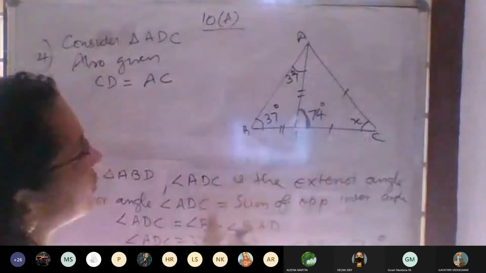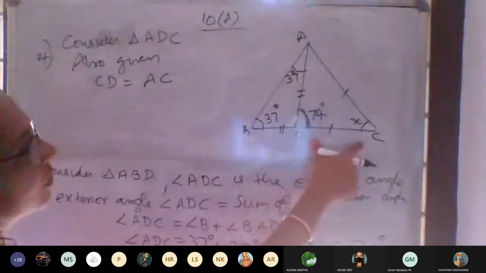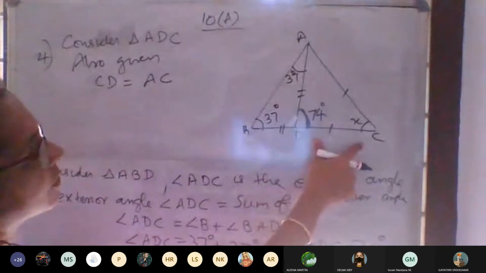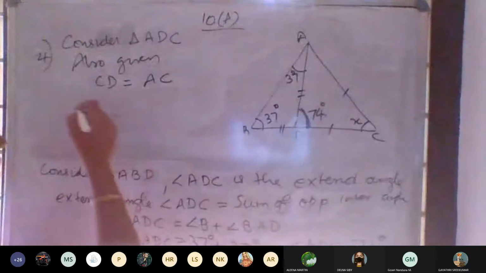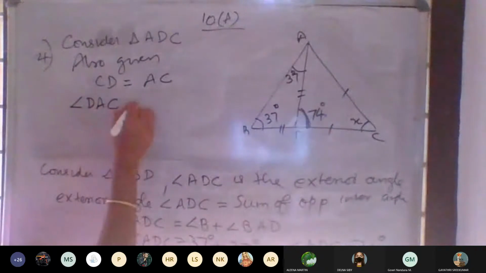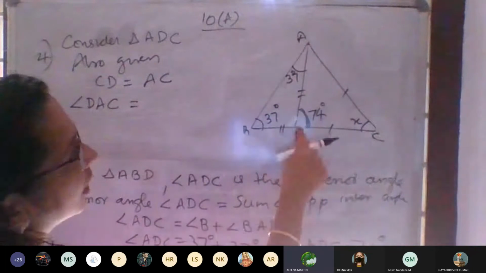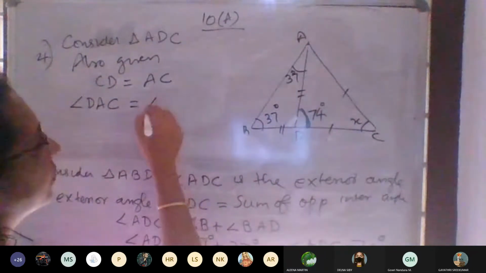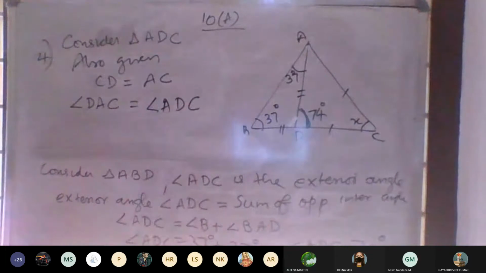That means which two angles will be equal? The angle opposite to side CD is DAC, and it will be equal to the angle opposite side AC, which is ADC. Clear? Got it?